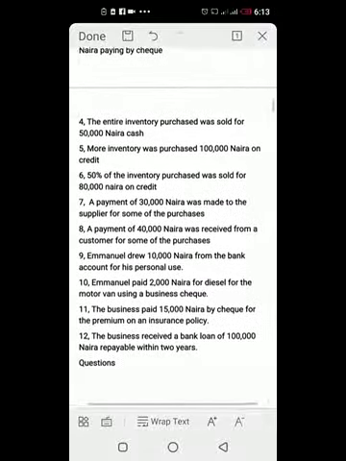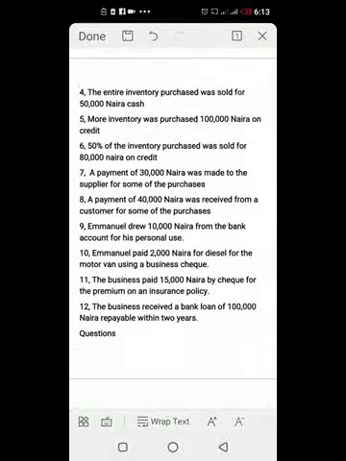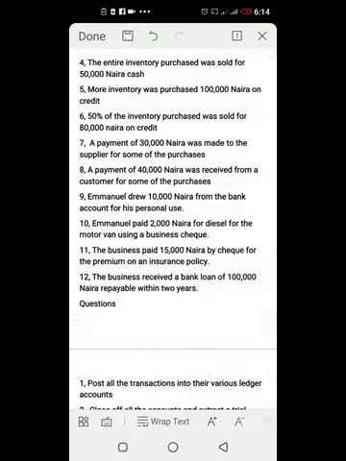The entire inventory purchase was sold for 50,000 naira cash. More inventory was purchased for 100,000 naira on credit. 50% of the inventory purchase was sold for 80,000 naira on credit. A payment of 30,000 naira was made to the supplier for some of the purchases.